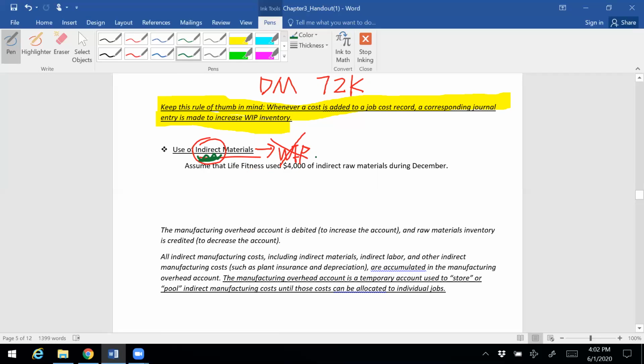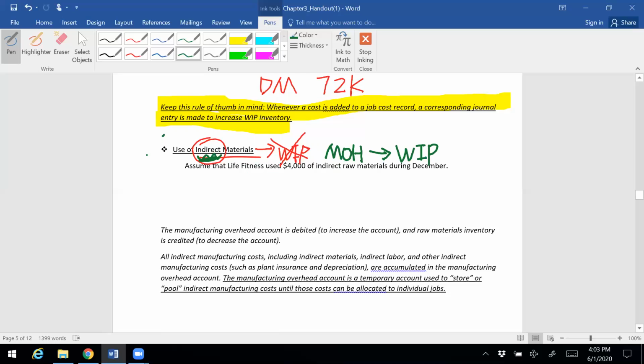What should we do? We first increase our manufacturing overhead. Remember the swimming pool? We first increase the manufacturing overhead, and then at the end, when we allocate it, it goes to work in process, because at that moment we will know how much manufacturing overhead should be allocated to that job.